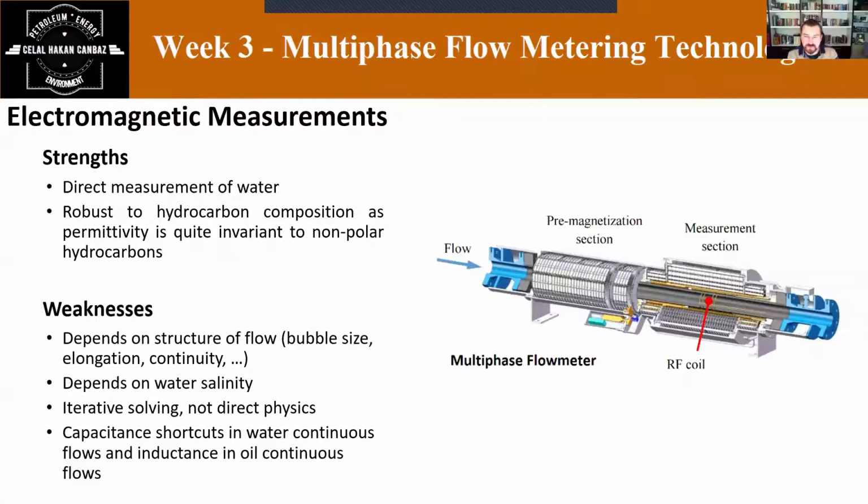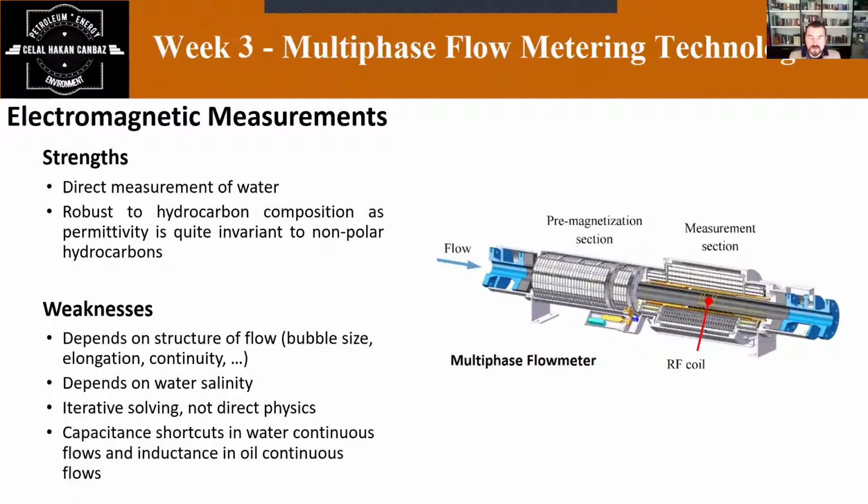This is a good one because, for example, with the dual energy gamma, when you are producing just water, 90%, 95% water, you cannot measure your water alone, because it has been described according to oil, gas, and water. You have to describe all three. You have to give input to all three. So this is a strength for electromagnetic measurement. But the weakness: it depends on the structure of flow.